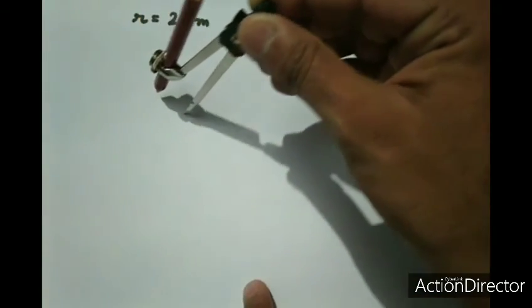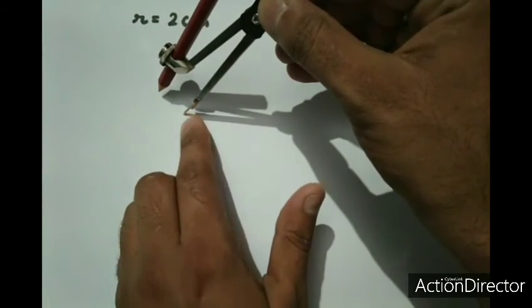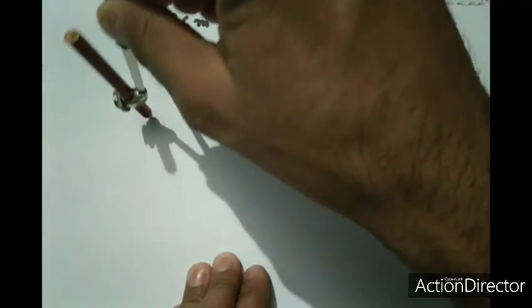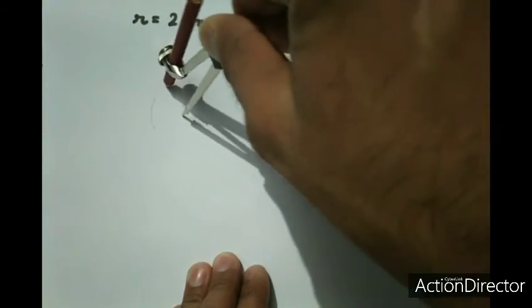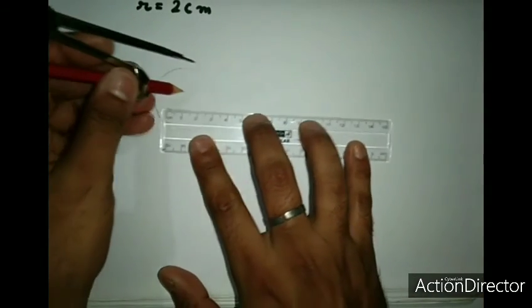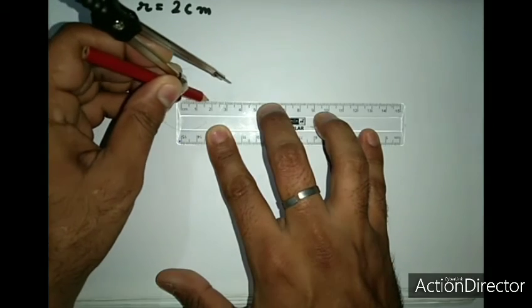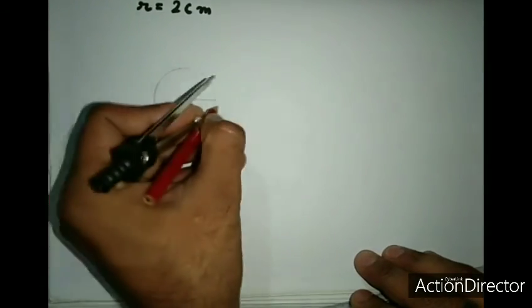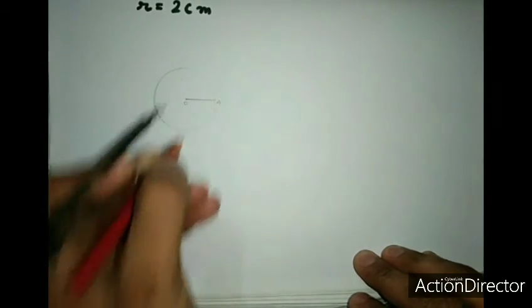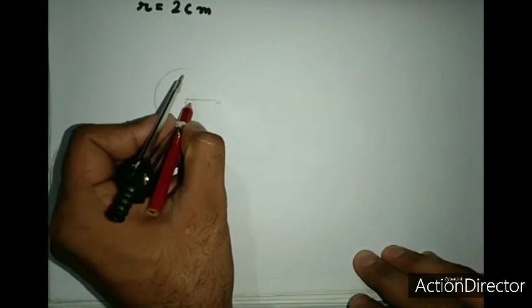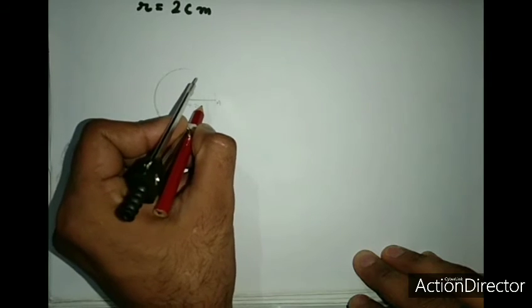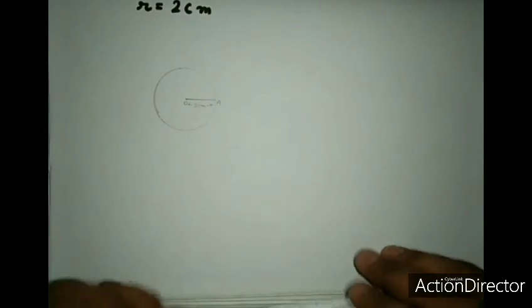Now put the tip of this compass on the paper and rotate like this. Join this center and the edge of this circle, and give the name of this center as O and this point as A. Now this line segment OA is equal to 2 centimeter.